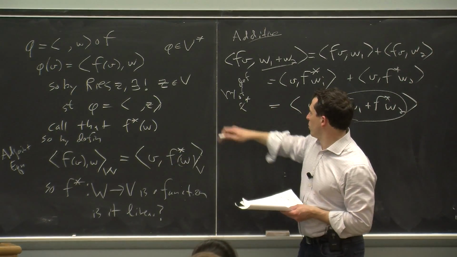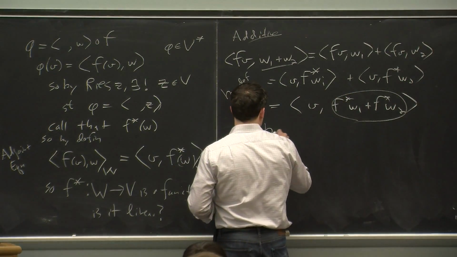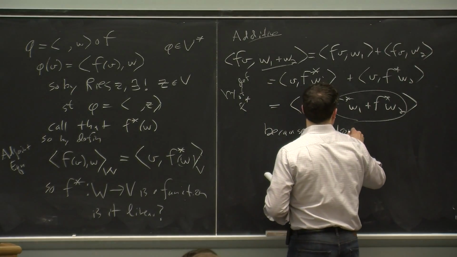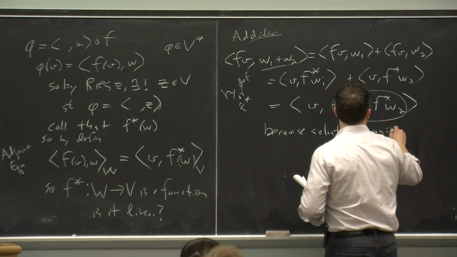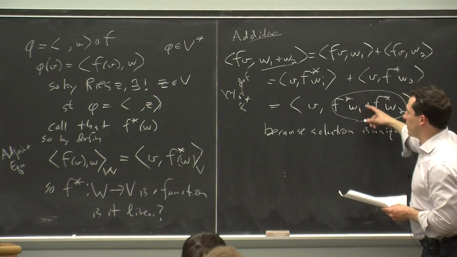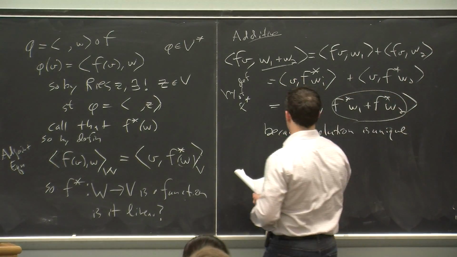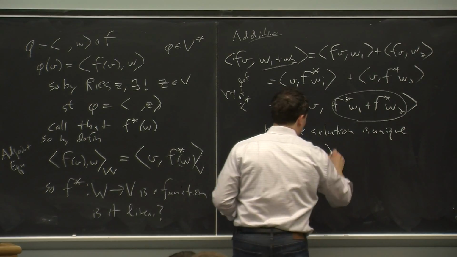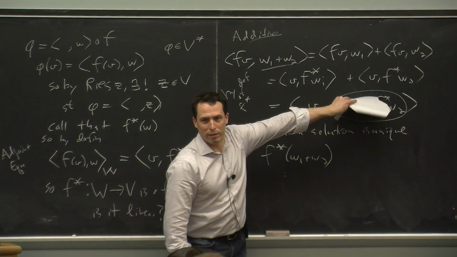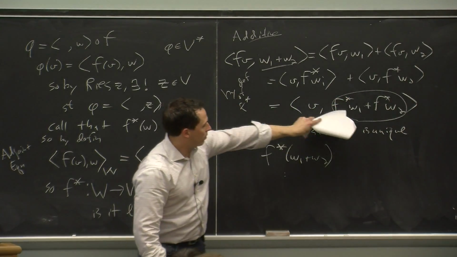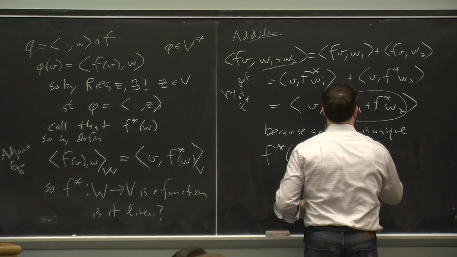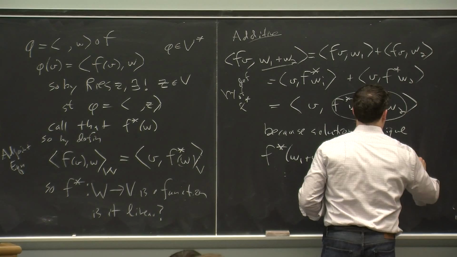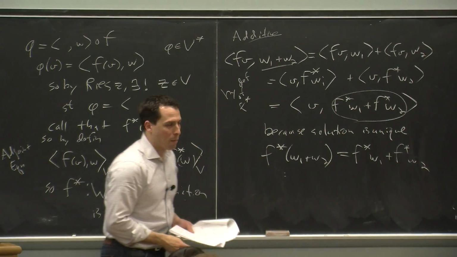Because we know the solution is unique, it must be equal to whatever f star of w1 plus w2 is by definition, whatever I need to plug in here for this to be true. This works, and therefore they must be equal. So that's the linearity part.